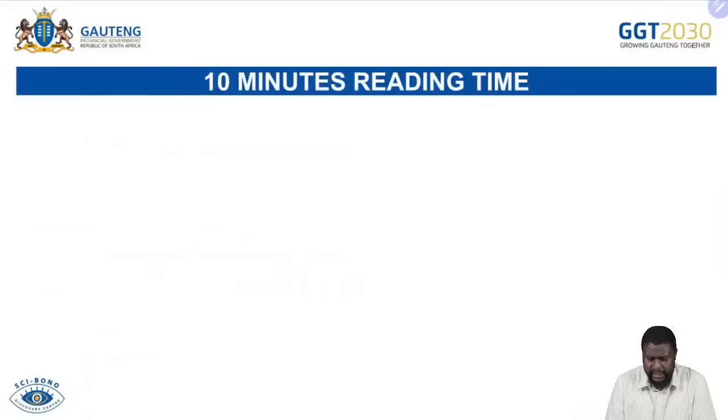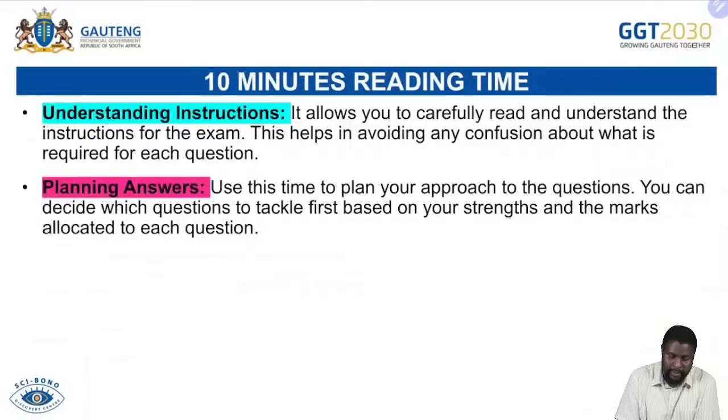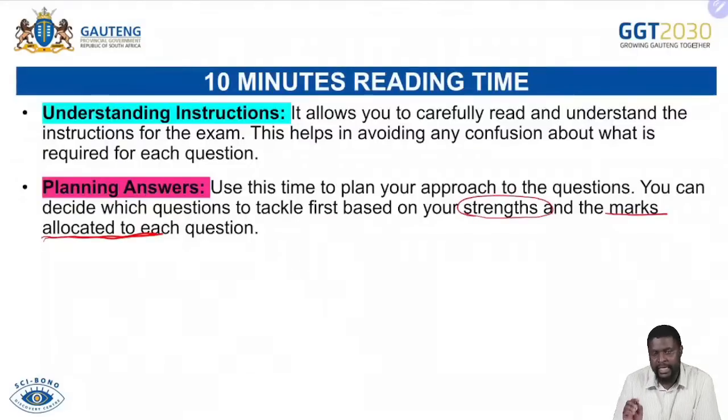You can decide which question to tackle first based on your strengths and the marks allocated to each question. Mark allocation, pay attention. So you look for your strengths and the marks. Start there.